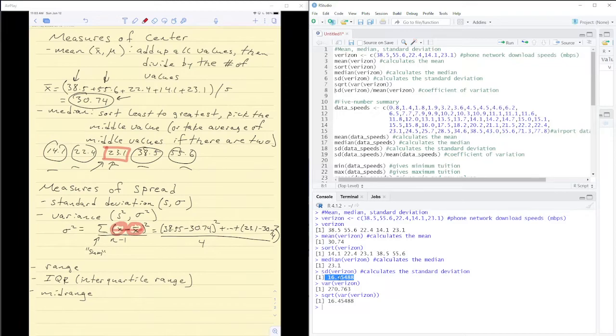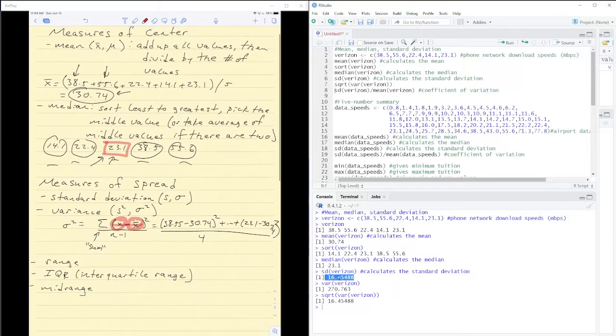Now, it's hard to compare one standard deviation to another between two sets of data because they could be on completely different scales. For instance, if I was talking about the height of people, in terms of inches, for adults maybe anywhere in the range of 50 to 80 inches. That's not that large of a range.